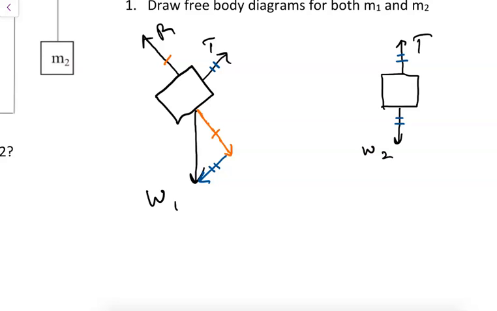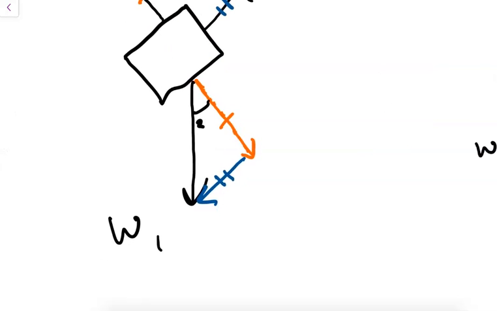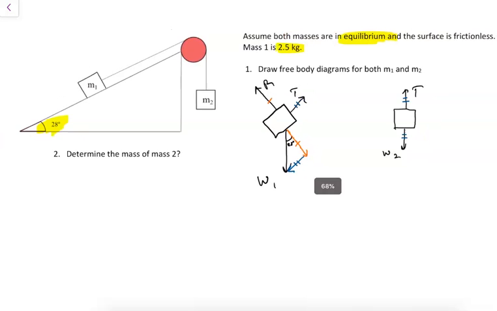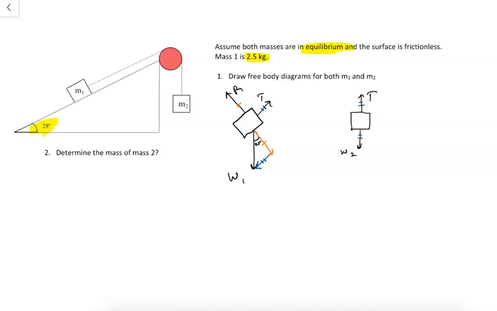So this doesn't always happen. It's just because they're in equilibrium that this is going to happen. Now I also know that this value is 28 degrees because of the inclined plane. So now I challenge you to calculate the mass of mass 2 using this situation. I'm going to pause this in a few seconds and go ahead and work on it.